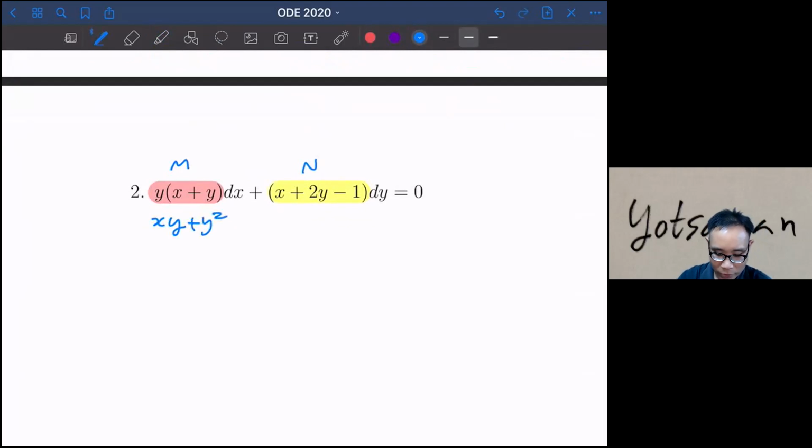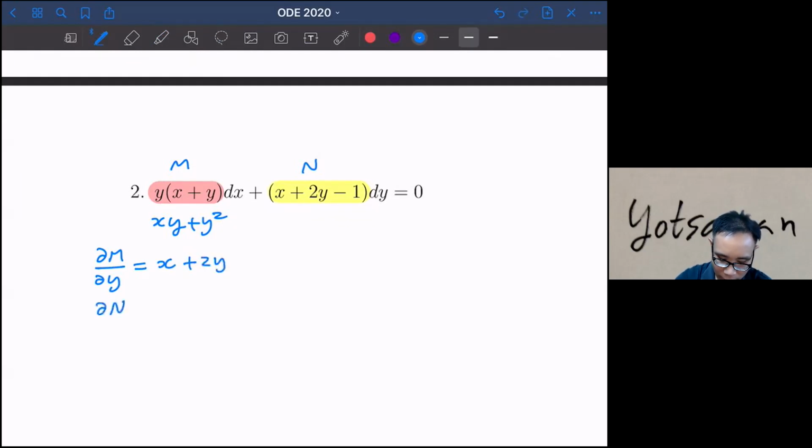So this one is going to be xy plus y squared. You compute the dM/dy, so it's going to be x plus 2y, sorry.